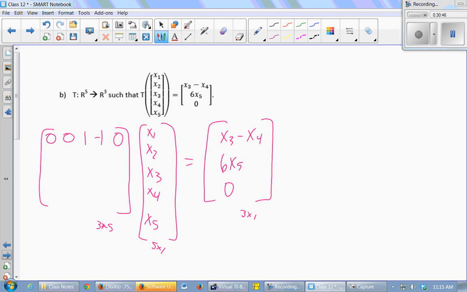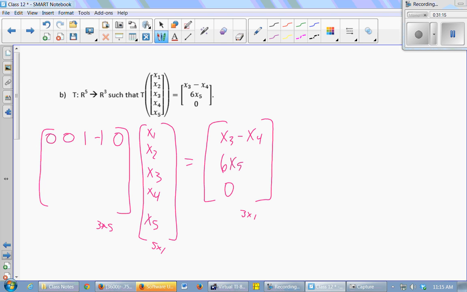Does that make sense? So I'm imagining picking up this vector, and it's got 5 placeholders in it, right? I line it up and put it on top of here. You multiply the things that line up, and I'm saying I have no x1s in the result, so I've got to have a 0 here. There are no x2s in the result, so there's another 0. There's a single x3, so I have a 1. A negative x4, so I have a negative 1. And then there are no x5s in the result, so I put a 0 there.